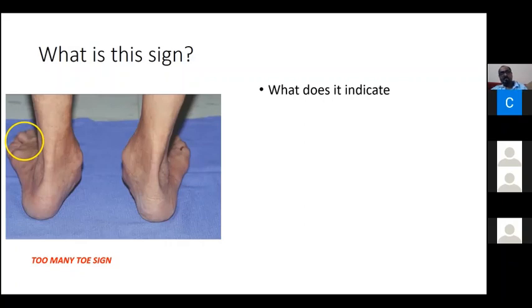The middle slip inserts at the second to fourth metatarsal base, and the posterior slip inserts at the sustentaculum. So it is mainly the anterior slip, the one attached to the navicular, which is very important.